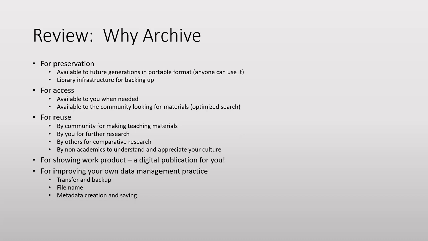It's good for access because it's available when it's needed. It's not hidden somewhere on a hard drive or lost somewhere on a thumb drive, but can be found through a search engine. The UNT library and most of our digital library language collections are easily searched.